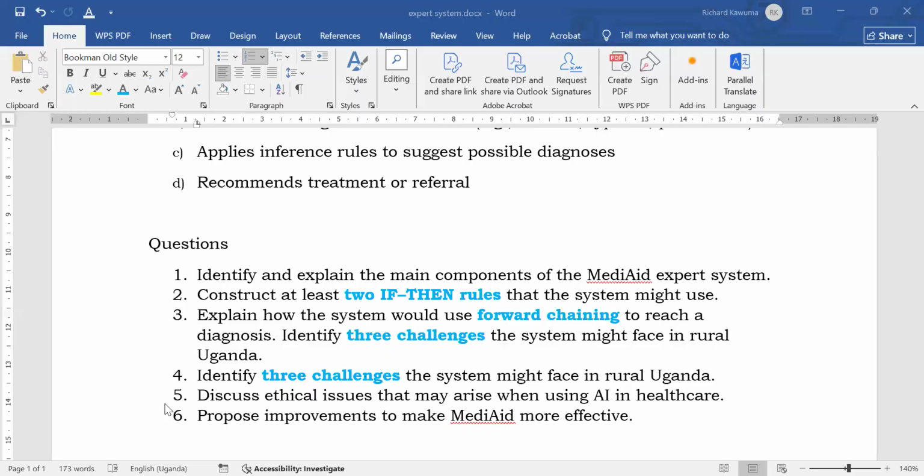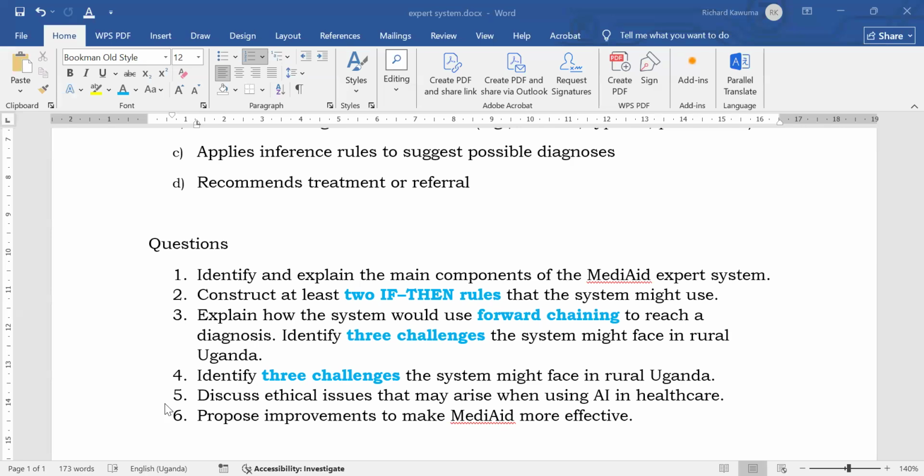Can you hear me? Yes. For me, the main components of this system, I think one is the knowledge base, where the information will be stored for diseases. For instance, if you say you are feeling fever, the temperatures are high, this system should be having a knowledge base where this information is in order to come to a conclusion.